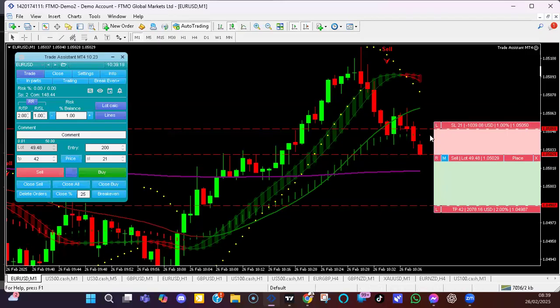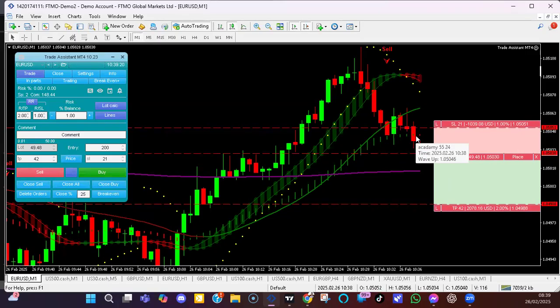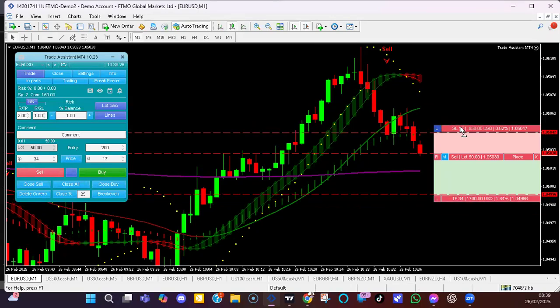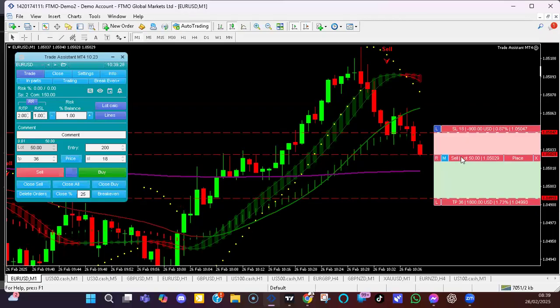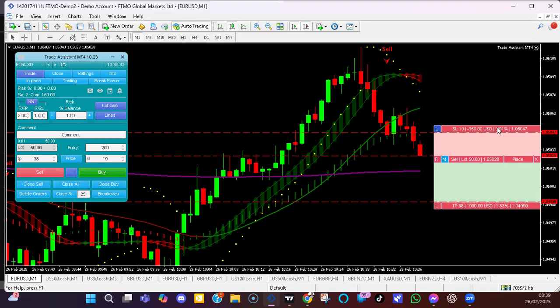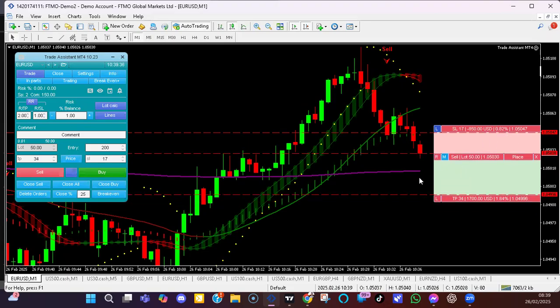Right. Okay. So the wave has indeed turned red now. This is where I'm going to lock this in because that's where I want my stop loss. But now I am waiting for price to break that purple line before getting into the trade, fearing the bounce or break.